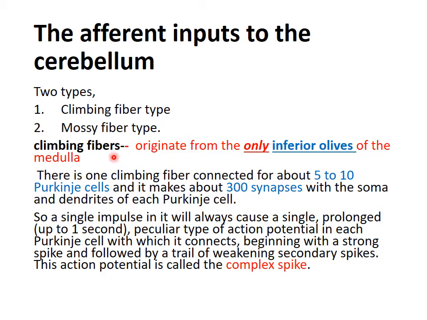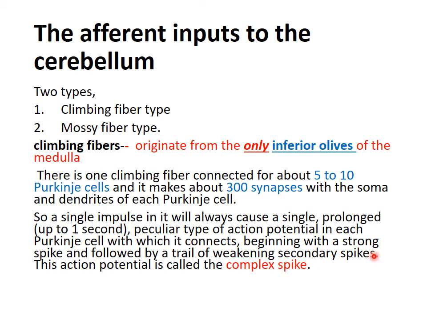Now, why are there two types? This type of climbing fiber is for rapid movements. A single impulse in it will always cause a single prolonged action potential, lasting up to 1 second, of a peculiar type in each Purkinje cell.